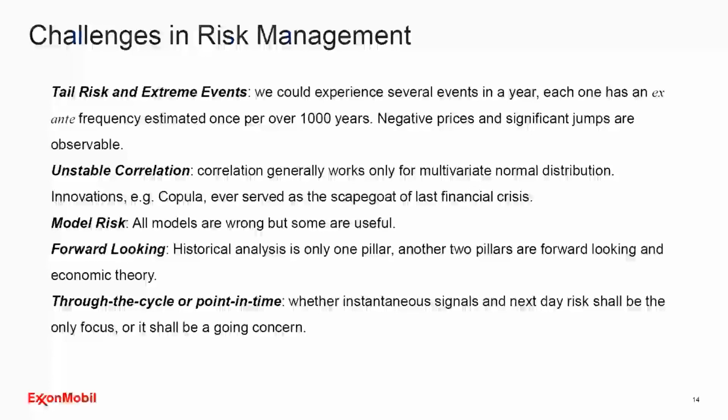And in the credit market, we also have the problem of either through the cycle or point in time. Through the cycle means your credit rating may want to be through the cycle so that you can help your clients survive different cycles of the economy. And regulators also want your credit ratings to be through the cycle.